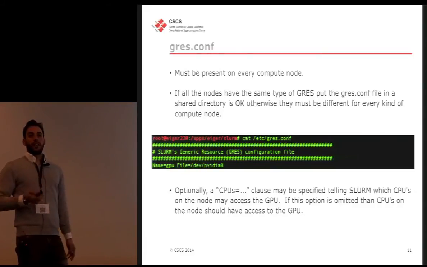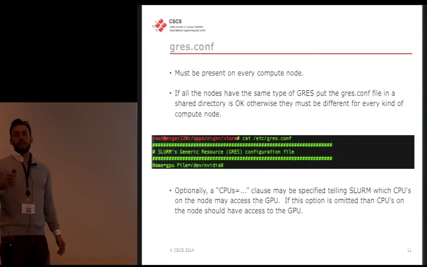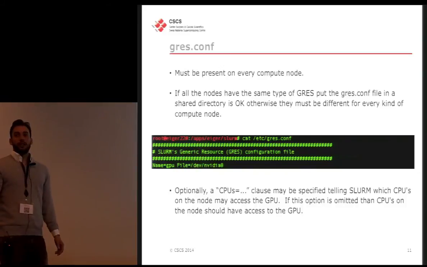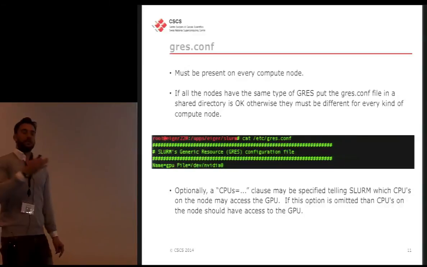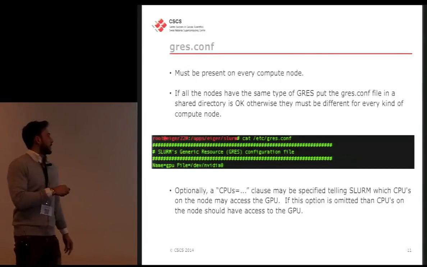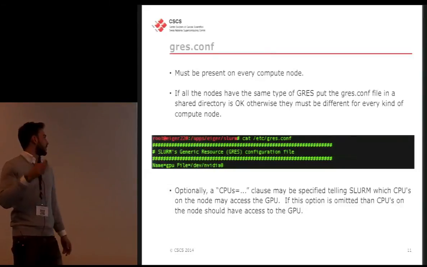This is on the Cray. It's better if you specify /dev/null because you're not running the slurm daemon on the compute node, since you're running on the front end. Plus an optional parameter. Here it is not reported because it's one, but if you have more than one GPU, you need to put a counter, so another parameter which is Count, 2, 3.